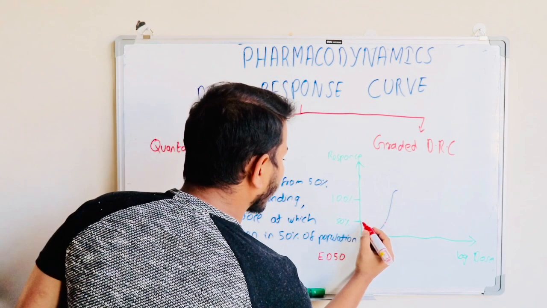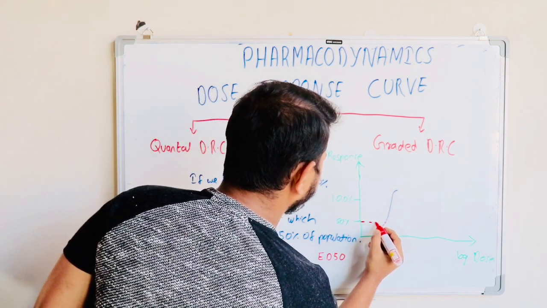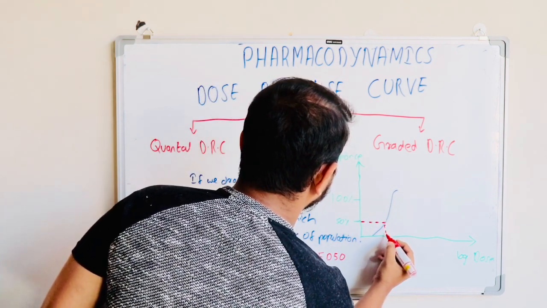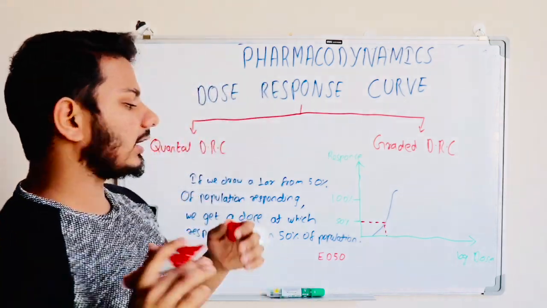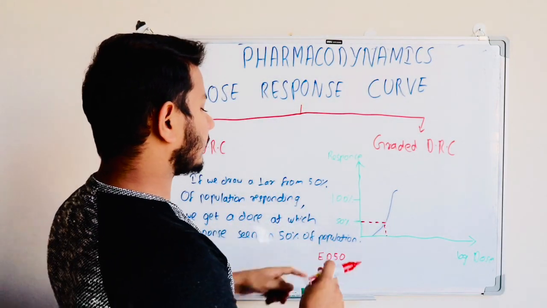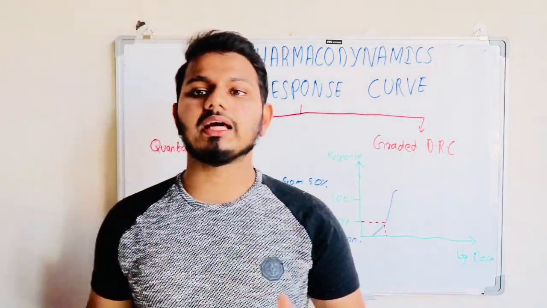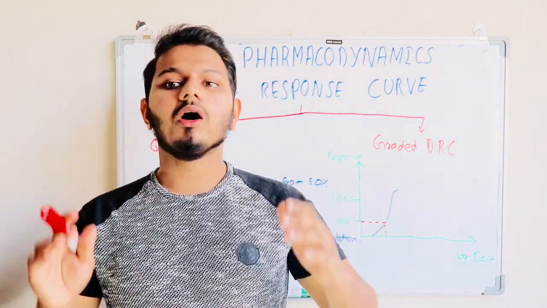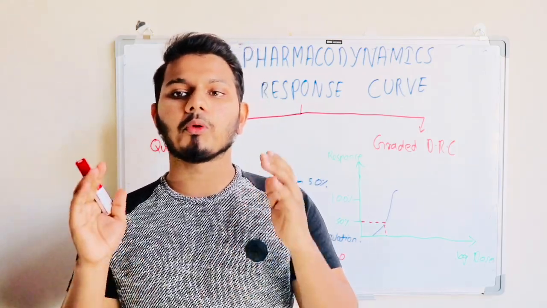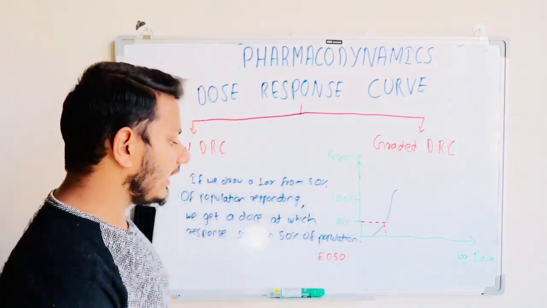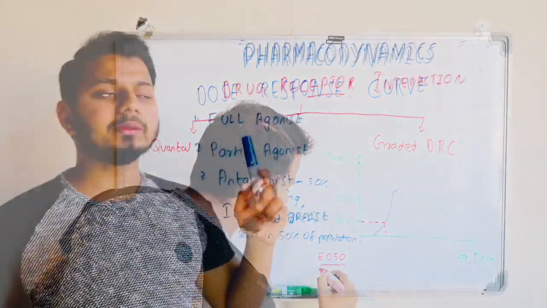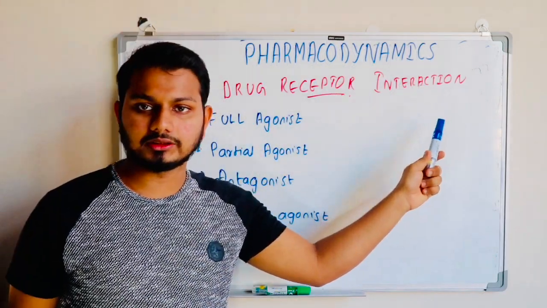If we draw a perpendicular from 50% of the population responding, we get a dose at which response is seen in 50% of the population. This dose that is required to produce an effect or response in 50% of the population is known as ED50.